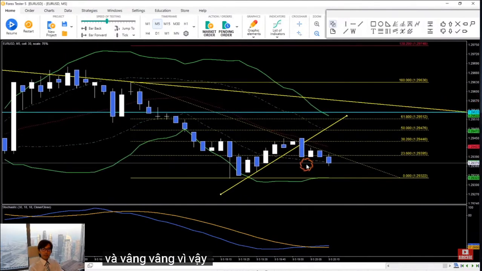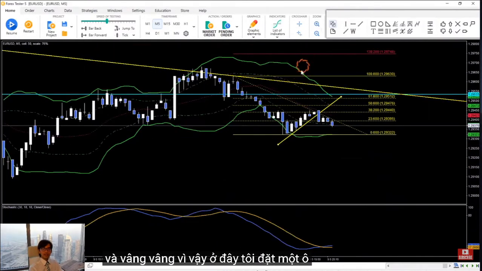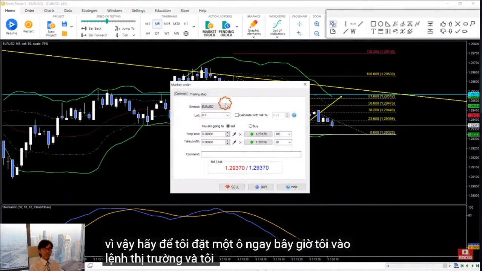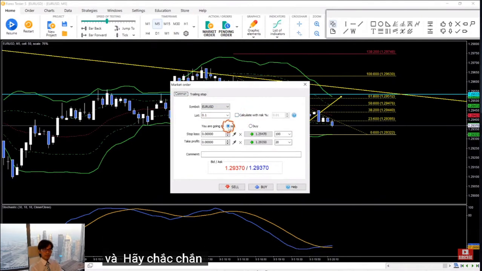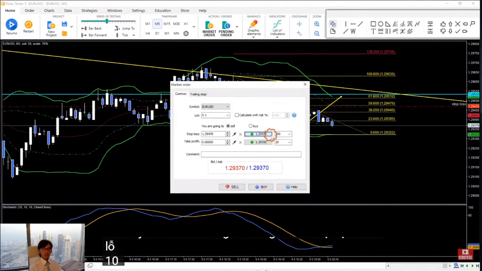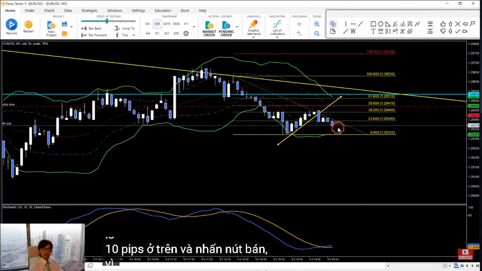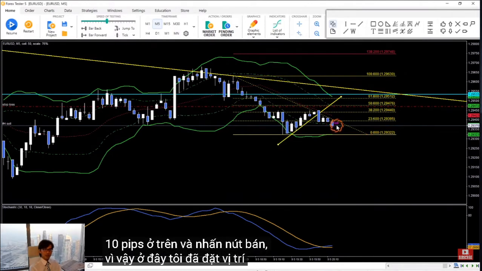So here I place a sell. Let me place a sell right now. I go to market order, and I just place a 0.1 lot size, and make sure it's sell, and place the stop loss 10 pips above, and press the sell button. So here I placed the sell position.